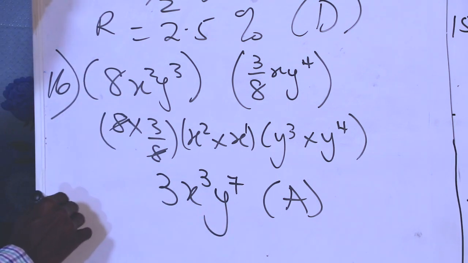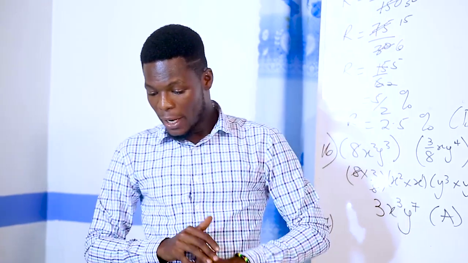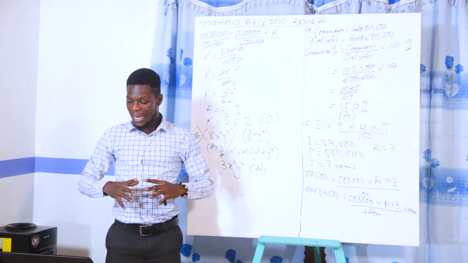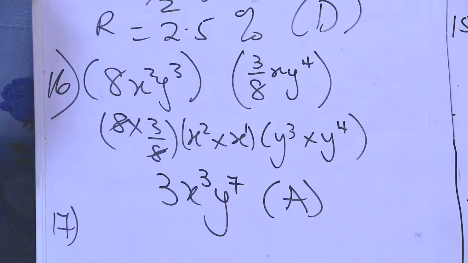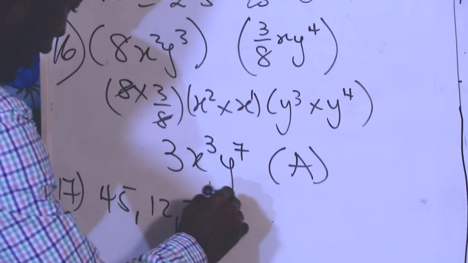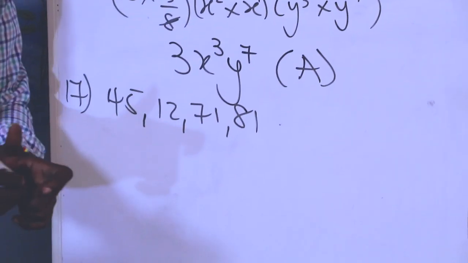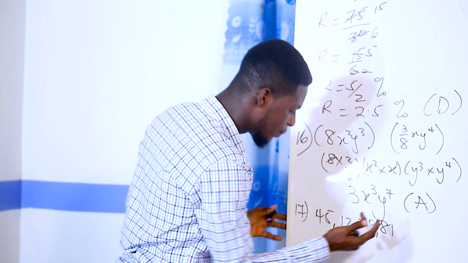Let's go to 17. Question 17. The scores of 10 students in an examination are given as follows. 45, 12, 75, 81.